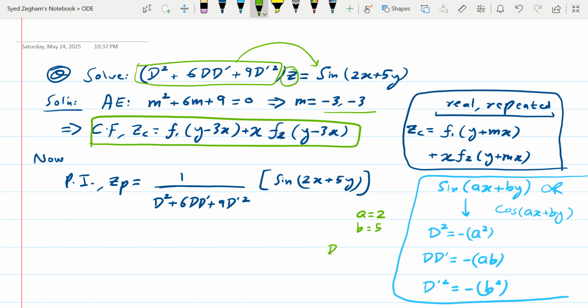So our D square will be a square, that will be 4 with a minus. D D prime will be equal to ab, that is 2 multiplied by 5, that is 10 with a minus, and D prime square will be b square, that is 25 with a minus sign.